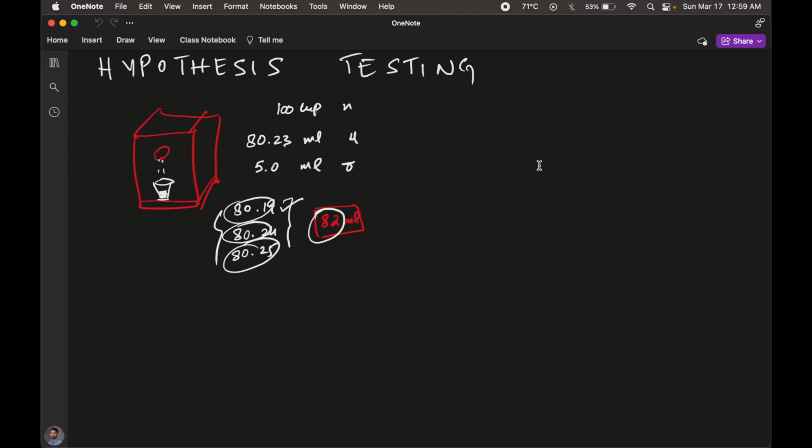So if I start getting values like 82, 84, I'm getting extra milliliters, and that should be a cause of concern for me. As long as there's small variation, such as in this case, 80.19, 80.24, 80.25, it should probably not surprise me. But this is what worries me when it goes to 82 or 84 or 90. That is something that bothers me.